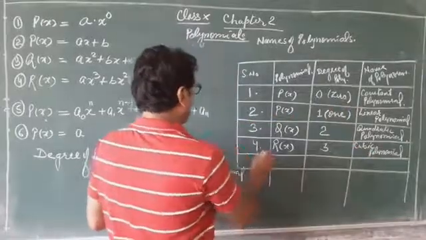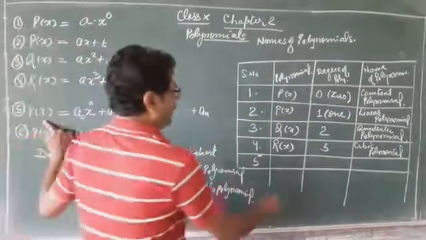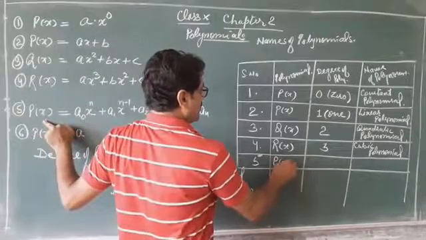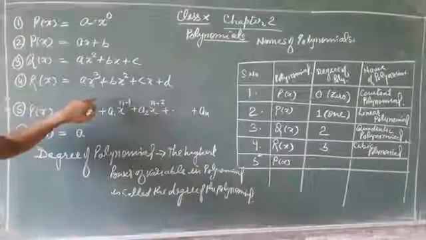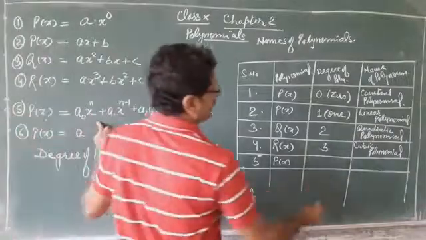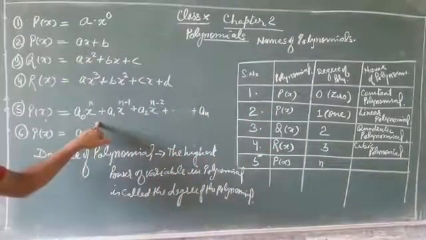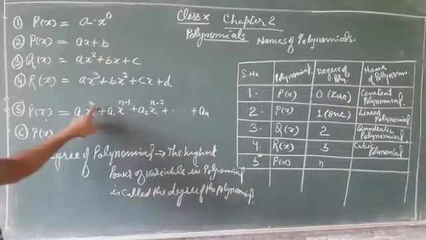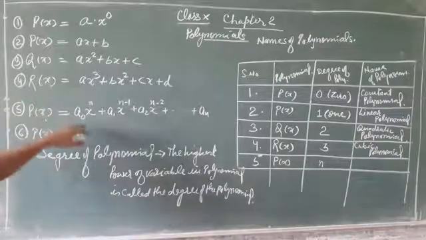And fifth one is p of x, the degree of this polynomial is n, because the highest power of this polynomial is n, so this is a polynomial of degree n.